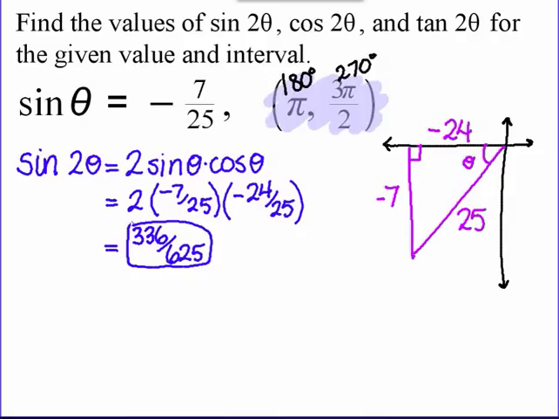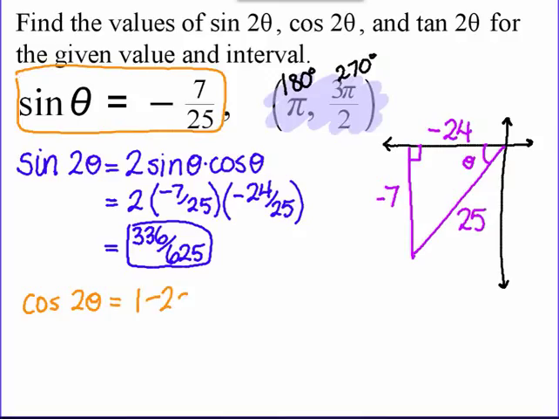Now what we need to do is go to cosine of 2 theta. So cosine of 2 theta, wait, isn't it sine of 2 theta, not sine of theta? Yeah, it's sine of 2 theta. So cosine of 2 theta, you have 3 formulas you can use. If I were you, I would use the one that you can use with the given statement. The given statement here is sine, so I would use 1 minus 2 sine squared theta equals cosine of 2 theta. Because that way, if you've screwed up your drawing, you'll still be able to get that one correct.